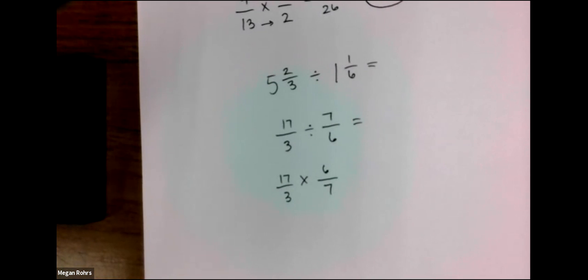So 17 times 6 gives me 102. 3 times 7 is 21. Now I need to see how many times 21 will go into 102. Well, I know it'll go a total of 4 times. 21 times 4 gives me 84. So then I would take 102 minus 84, which would give me 18.